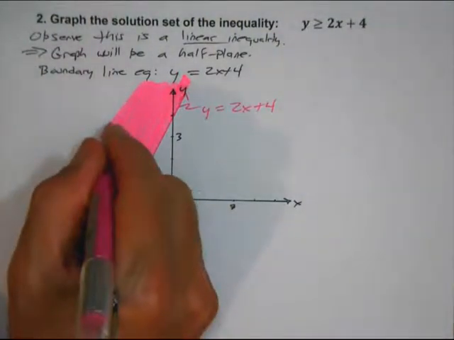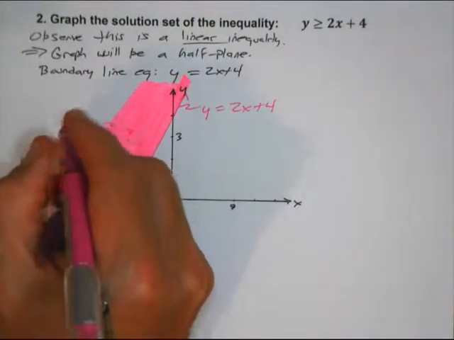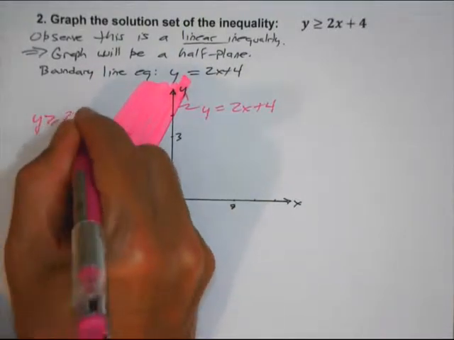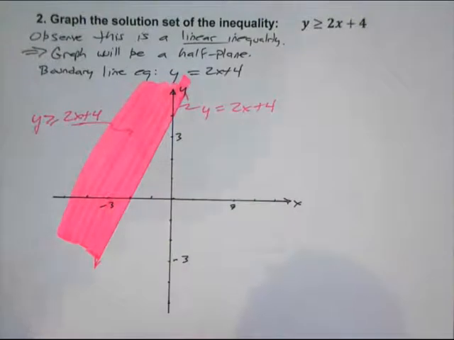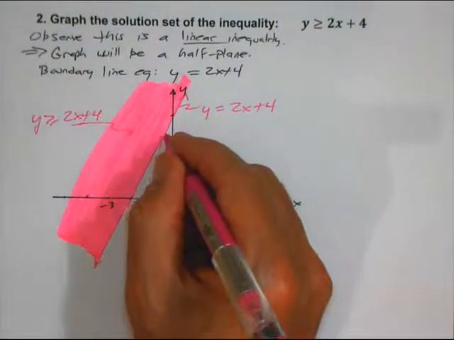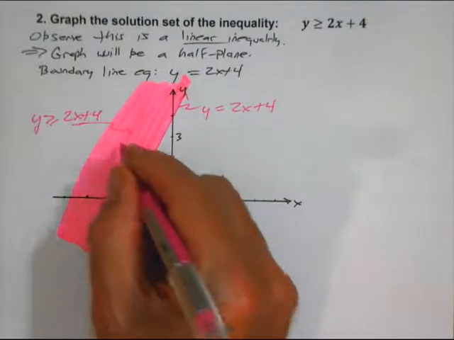This region is y greater than or equal to 2x plus 4. And this solid line indicates that the line is part of the solution set.